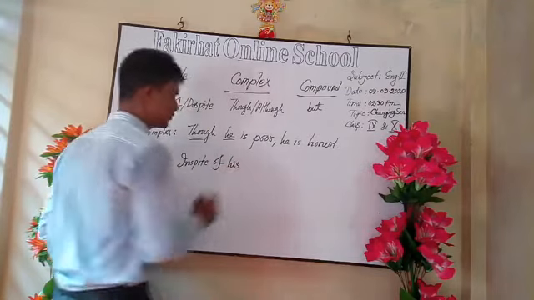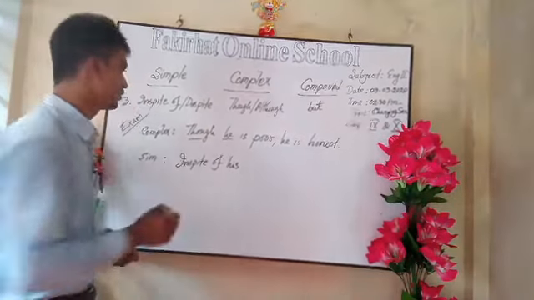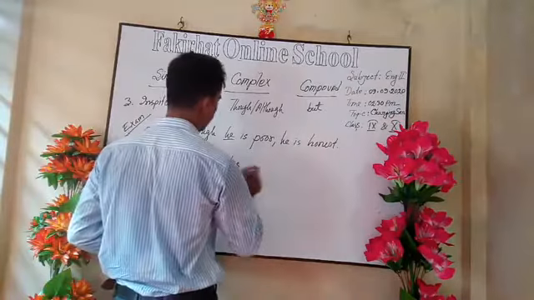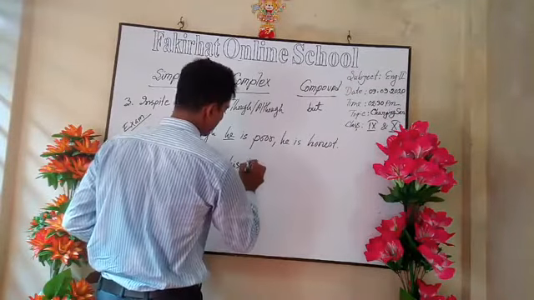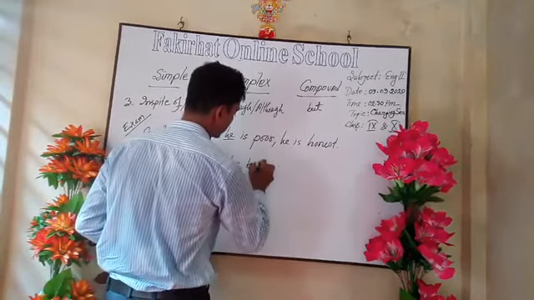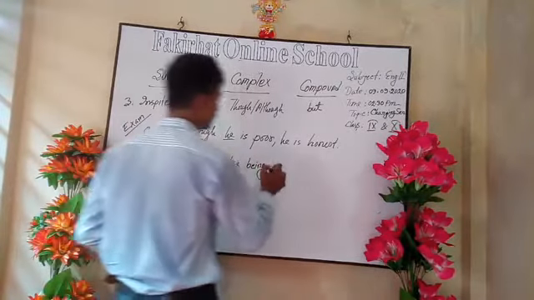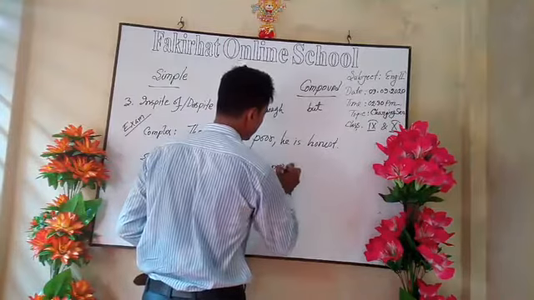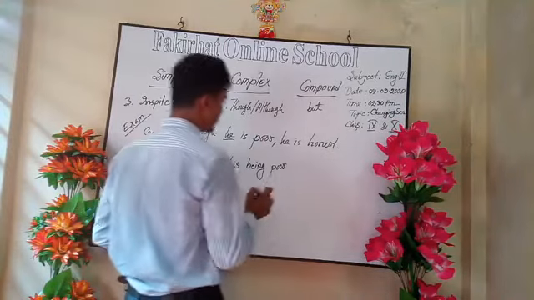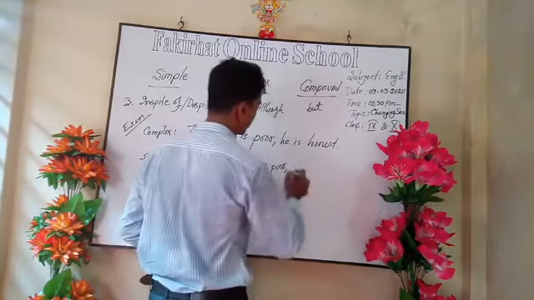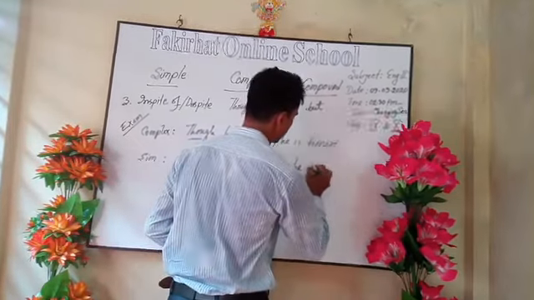This is the possessive case. Then verb plus ing, so be plus ing, being. In spite of his being poor, comma, second clause, he is honest.